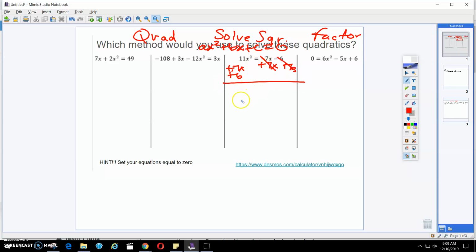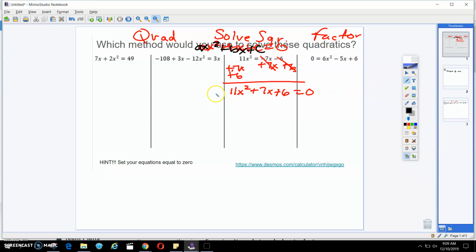So if I rewrote all of this mess, I'm going to get 11x squared plus 7x plus 6 equals 0. I added everything to the other side, and the reason why is because I want it in that ax squared plus bx plus c form.